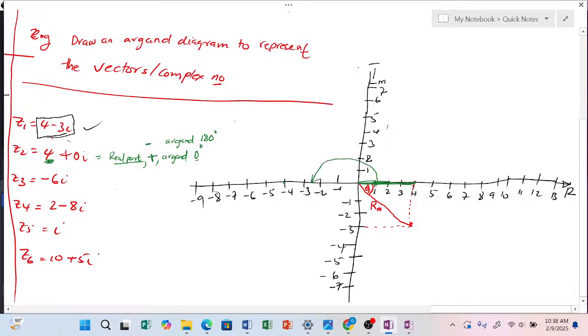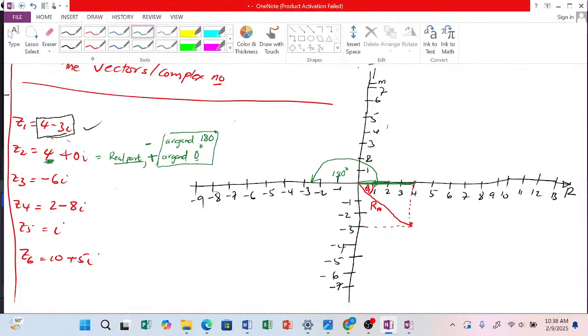Now, in Argand diagrams, we measure the angle anti-clockwise. So anti-clockwise, you get it? So from here to here is going to be 180. That's why I brought this up. So take note. Now let's see the next complex number. Let me use the black color.